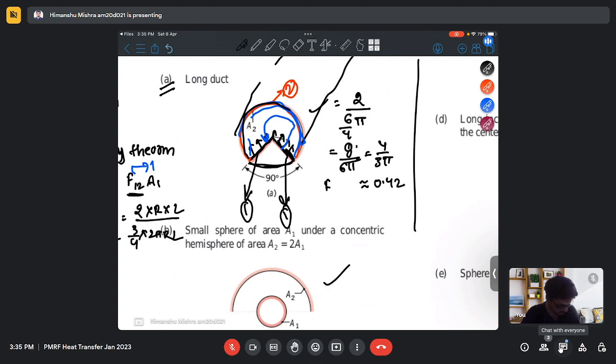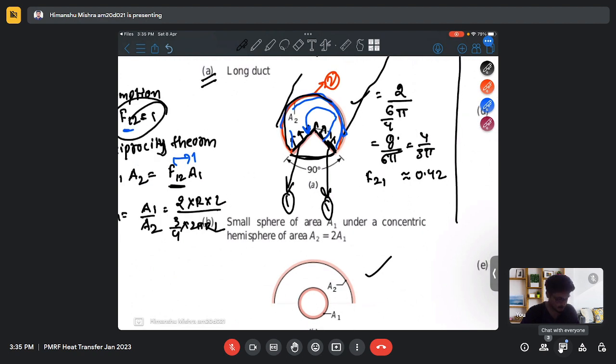So this is my shape factor F21, and from the inspection my F12 will be 1.